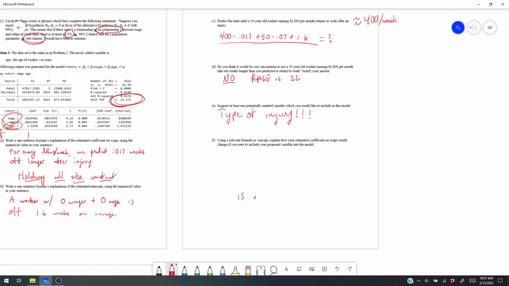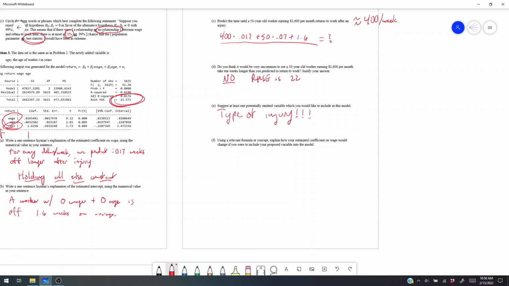So even if we could categorize the type of injury, those categories are not going to measure exactly how severe the injury was for each person, but you can understand that fundamentally the quality of the injury is going to tell you a lot about how long it's going to take to recover from that injury. And so any information that can explain part of that is going to be very helpful.